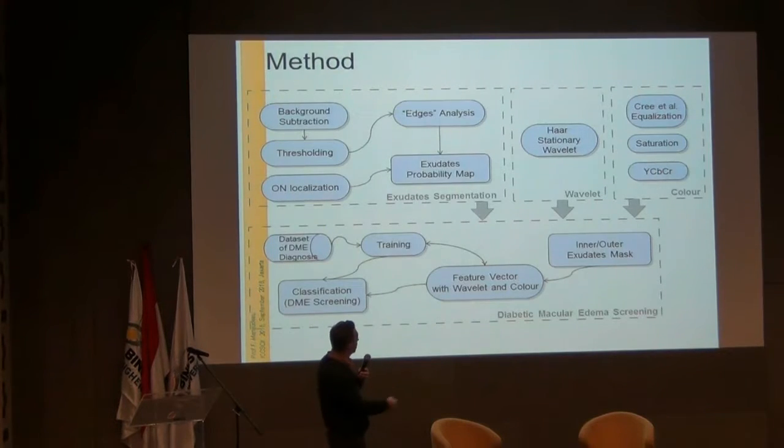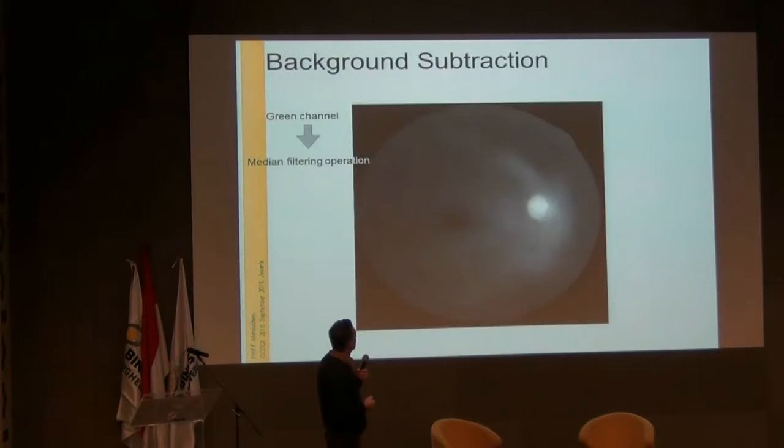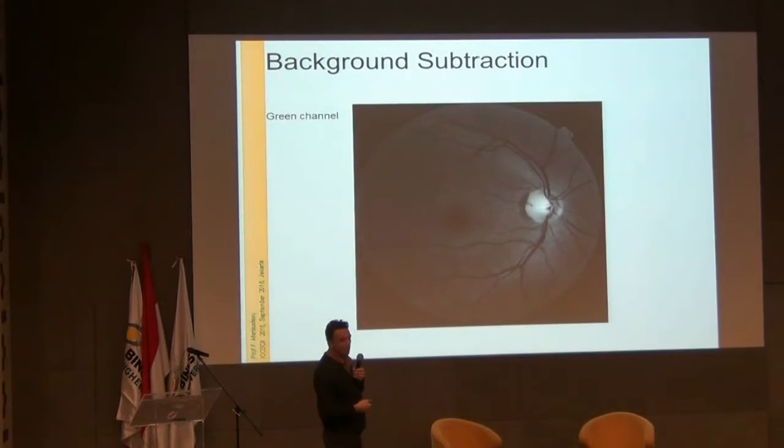And then you build, once again, a big machine learning system where you first do some pre-segmentation, then you use texture information based on wavelet transform, some color information, you feed that into a support vector machine or random forest, and then you output some result. So that's just the processing.